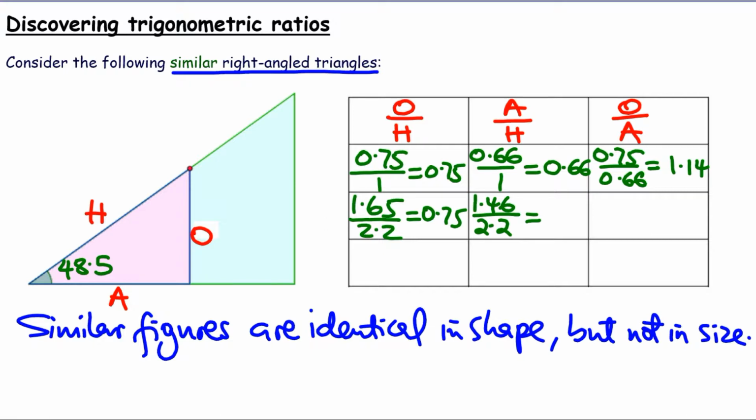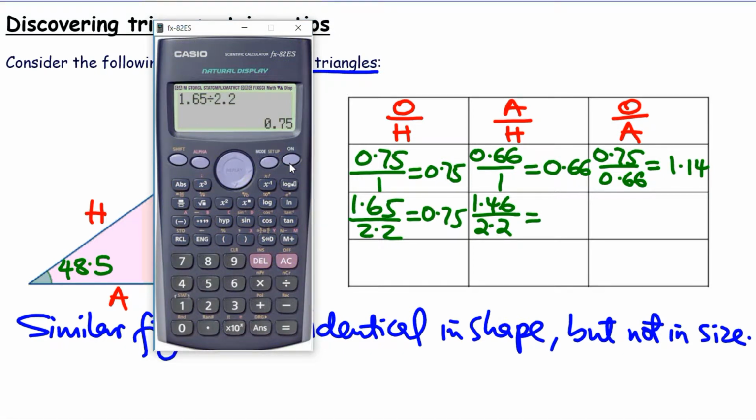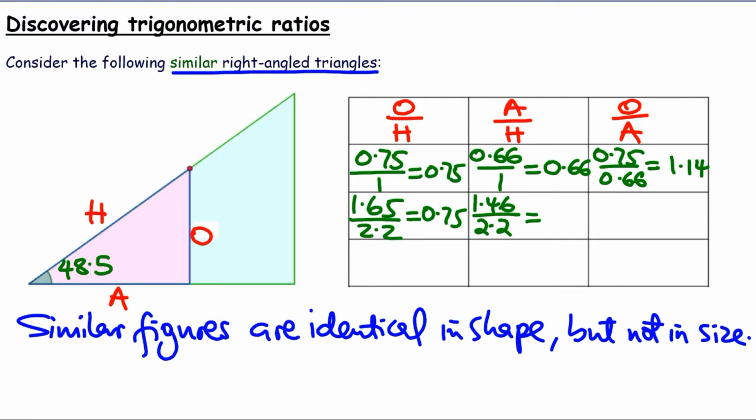It's a tedious process, but it helps to understand what's happening. So 1.46 divided by 2.2 gives me 0.66. So my answer is 0.66. All right, let's carry on.